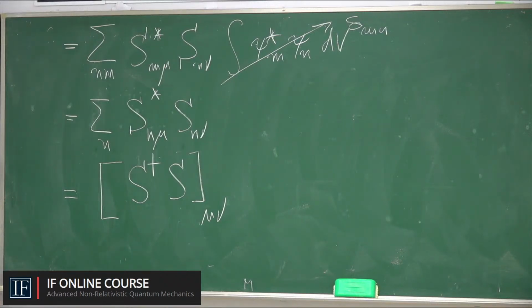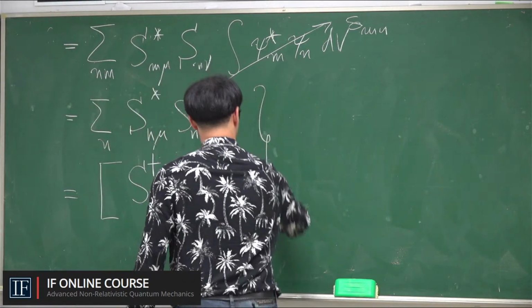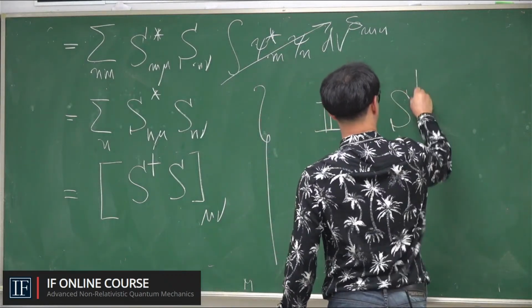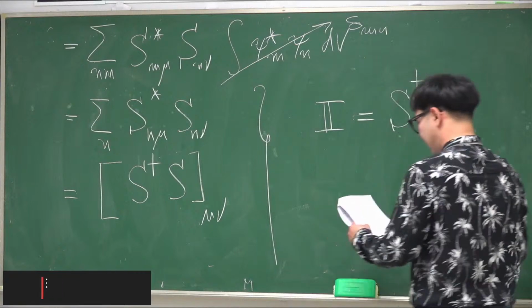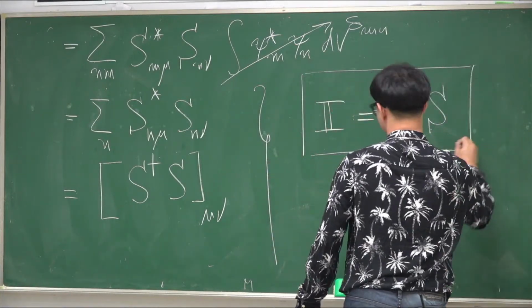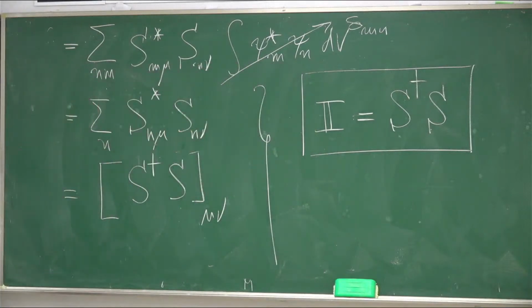So from this whole equation, at the end, you will get this relation here. Yes, because the left-hand side is going to be 1 if and only if mu and nu are equal, otherwise 0, right?